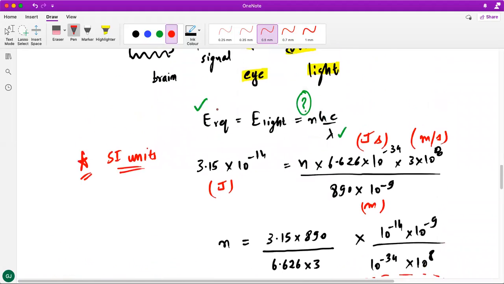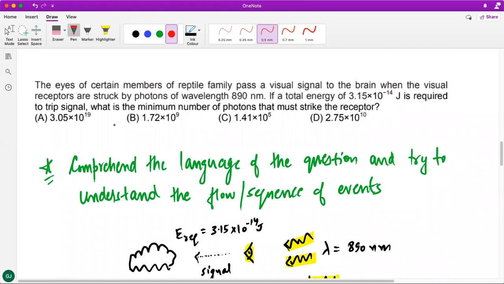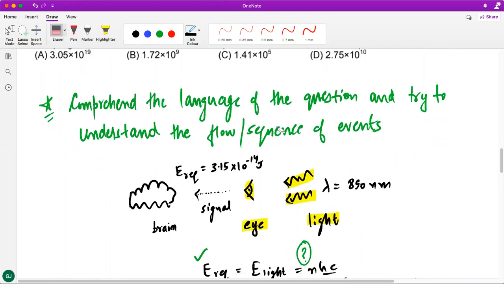If you carefully look at the options, 10 raised to the power of 19, 10 raised to the power of 9, 10 raised to the power of 5, 10 raised to the power of 10, the options are quite far off from each other, right? So even if I work with just the power of 10, I might be able to get the correct answer. Rather than getting into the details of what is associated with the power of 10, which might waste my time, I'll just try to work with the power of 10 only.